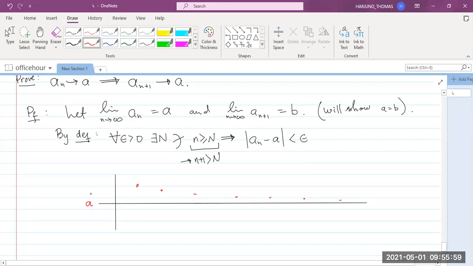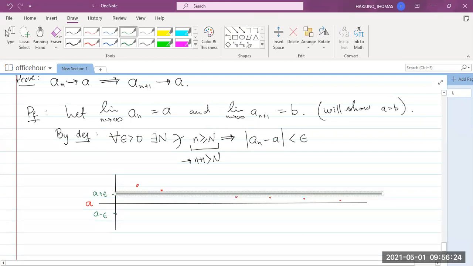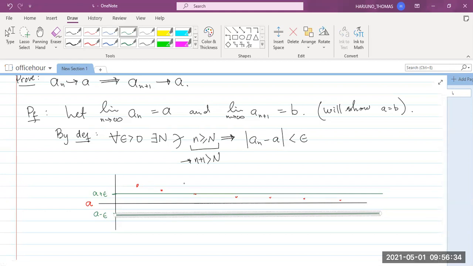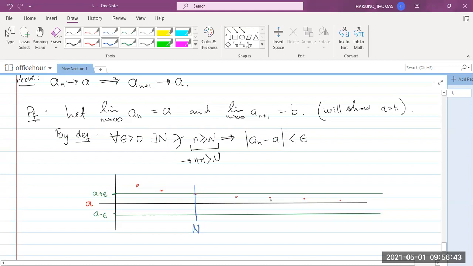Now, when we say the sequence converges to A, it means after a certain term, if you choose any epsilon away from A, this is A plus epsilon, this is A minus epsilon, then there is a capital N, let's call this the capital N, such that every term after that will fall into this strip.